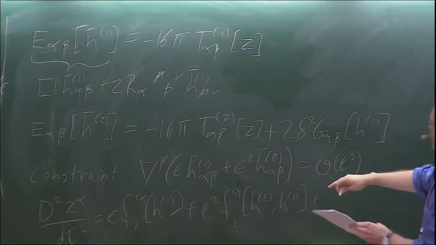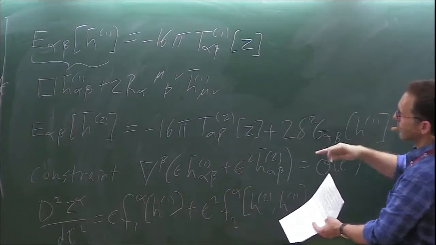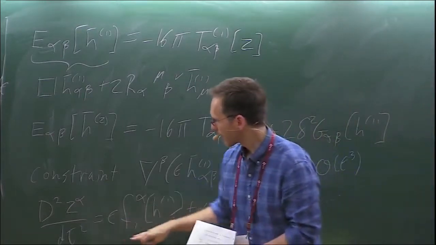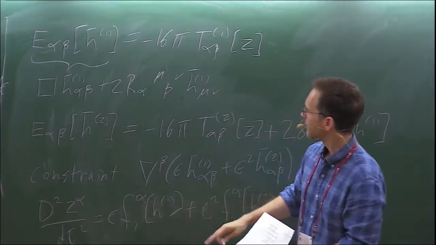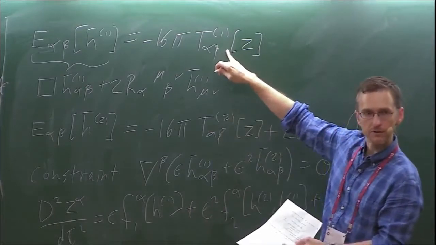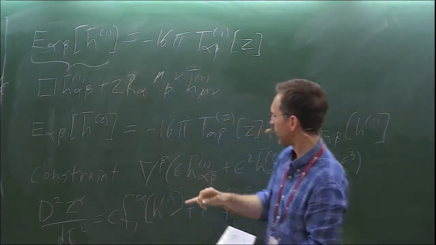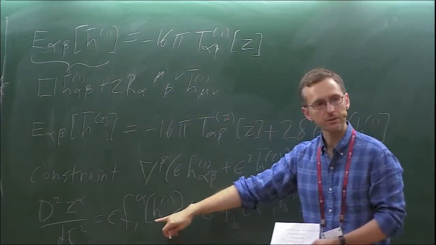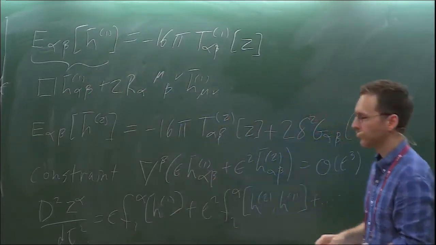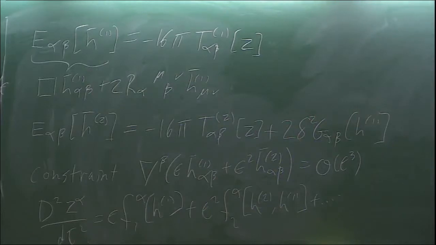So this is actually directly a coupled system of equations. You need to know how Z is accelerating to find out what the source is for the first order metric perturbation, and you need that metric perturbation to find out how the orbit is accelerating. So it's coupled, you need to solve them all at once or self-consistently, which is why it's got the self-consistent title there.